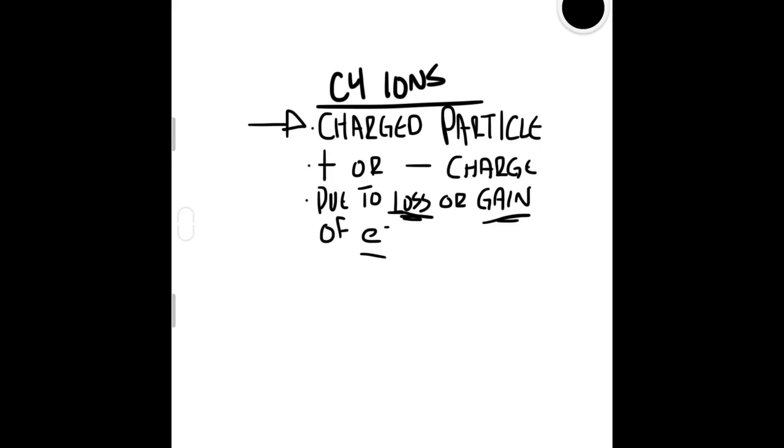So remember that atoms are neutral. Their positively charged proton number is equal to the negatively charged electron number, meaning that the overall difference between positives and negatives, if you were to add them together, would be zero.